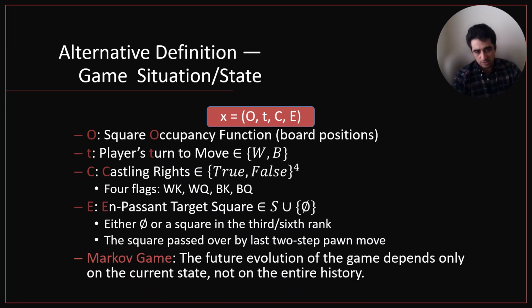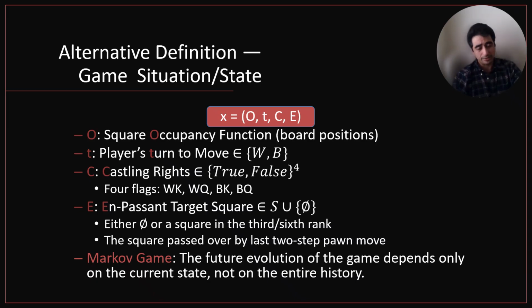And it's kind of obvious because if I show you a chessboard and ask you what the best move is now, you should be able to tell me without knowing what has happened in the past or how we got into this position of pieces. With the current state, you can decide the future of the game, and you don't need to know the entire history.